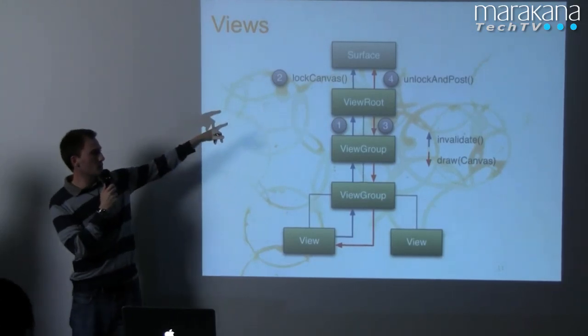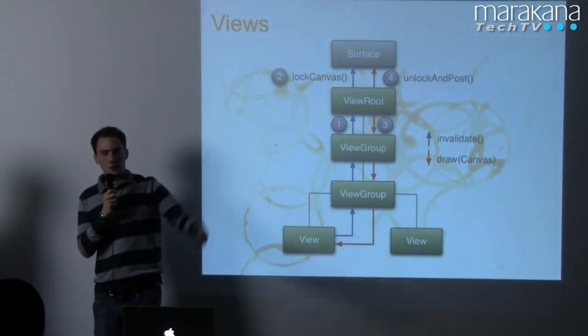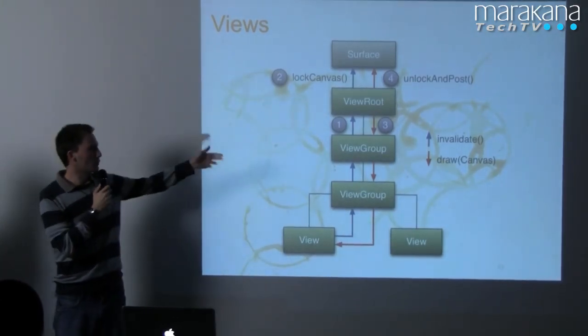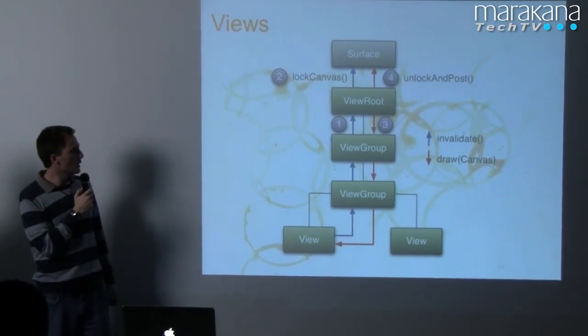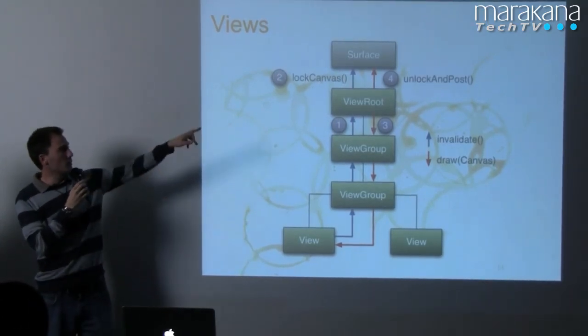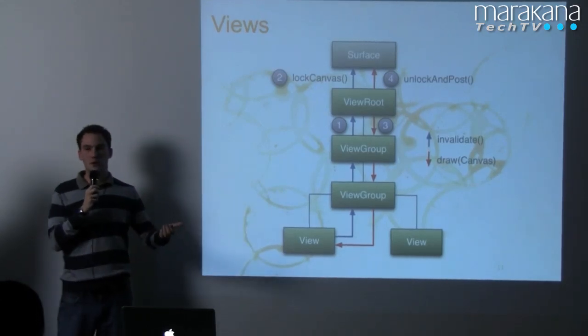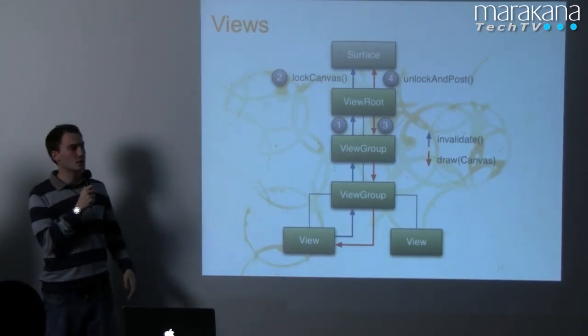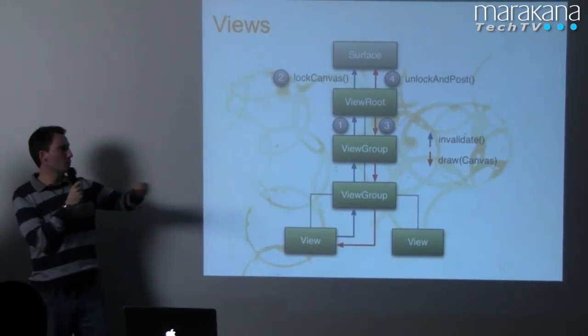After locking the canvas, the view root calls draw and passes the canvas on to all its children. So the role of your view group when it receives a call to draw is just to call draw on all of its children. And when that's done, we unlock the canvas and we swap the buffers. Every window on Android is double buffered. So the call to unlock and post will swap the buffers and display on screen what we've just drawn.